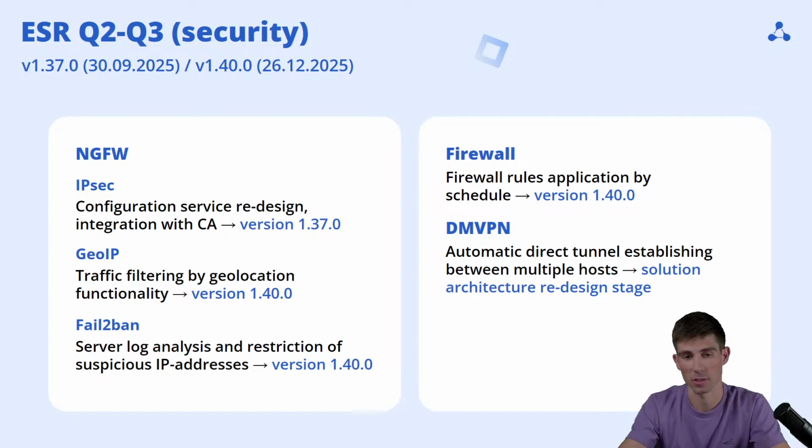Some of our customers wanted this to basically restrict the access for, say, their employees based on schedule, so they focused on work and not use network for other purposes. DMVPN is something on the list, but not yet something we can offer to our customers. It is on the architectural redesign stage.